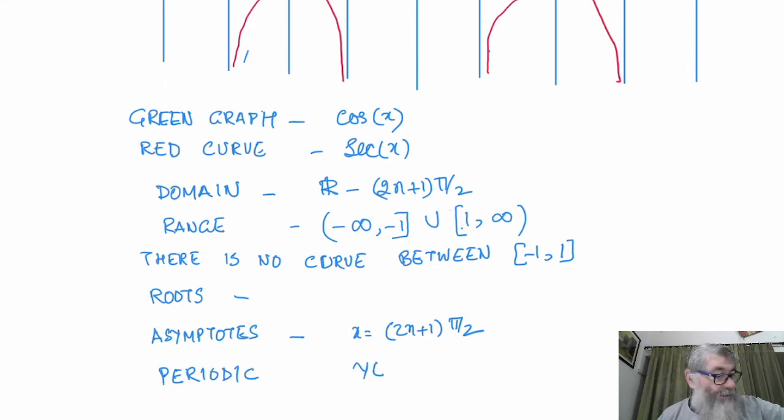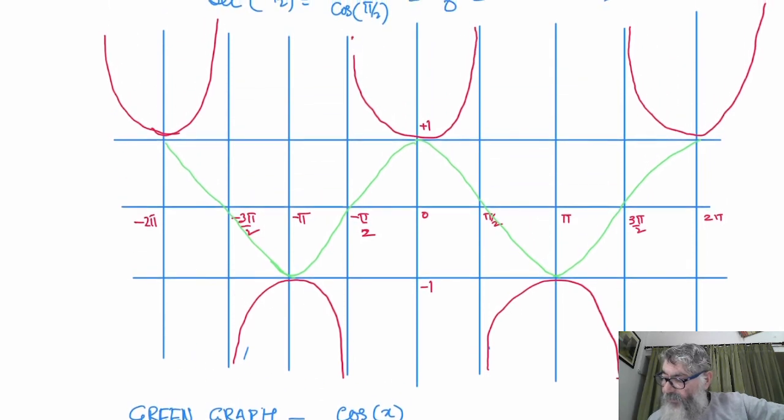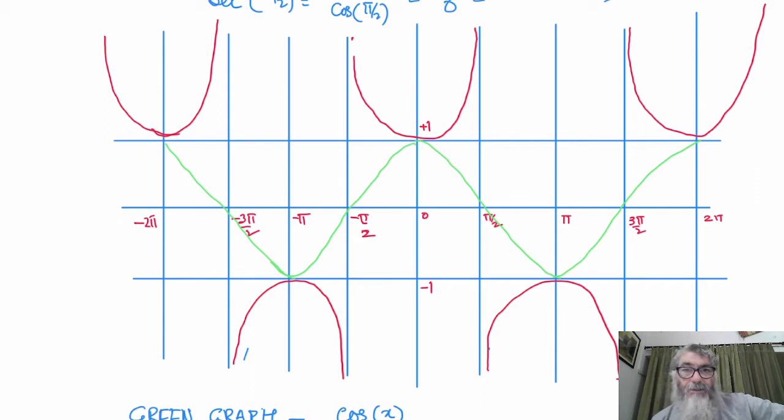And what is the period? 2 pi. Period is 2 pi. Let us see. Yes, period is 2 pi. Minus pi by 2 to pi by 2 will be pi, not 2 pi.